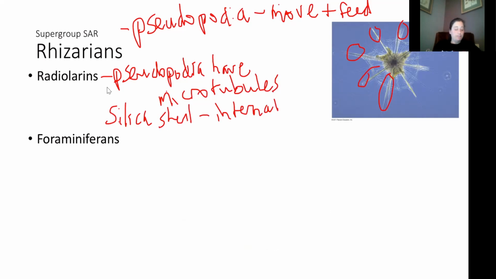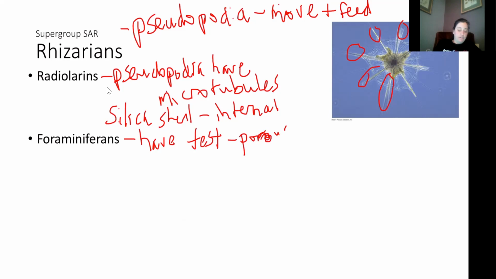Okay, then the foraminiferans, we did look at those in lab. They're sometimes also called forams, F-O-R-A-M. They, again, have a kind of shell. We call their shell a test. It's porous, so that the pseudopodia can actually protrude out of it.